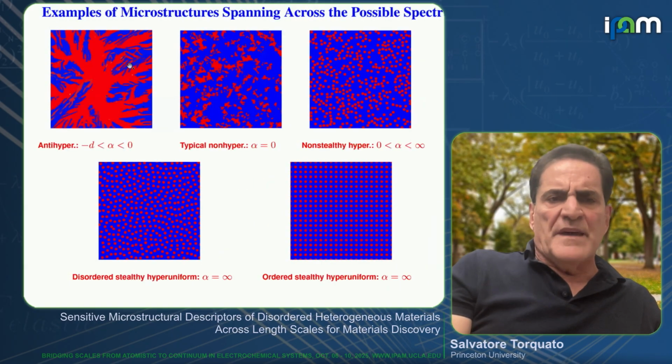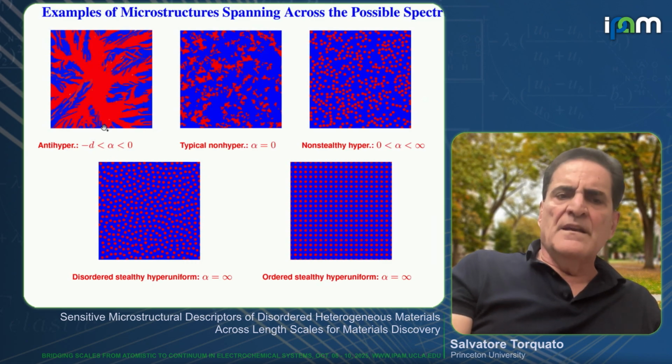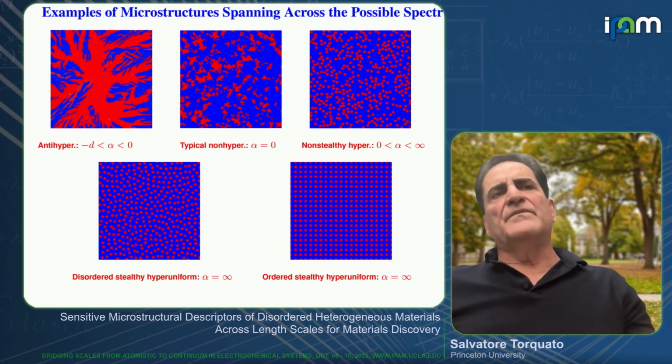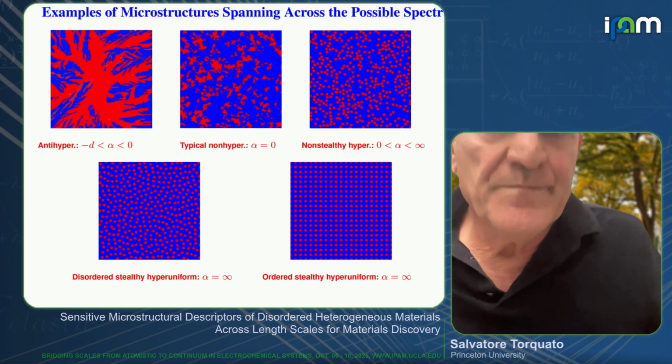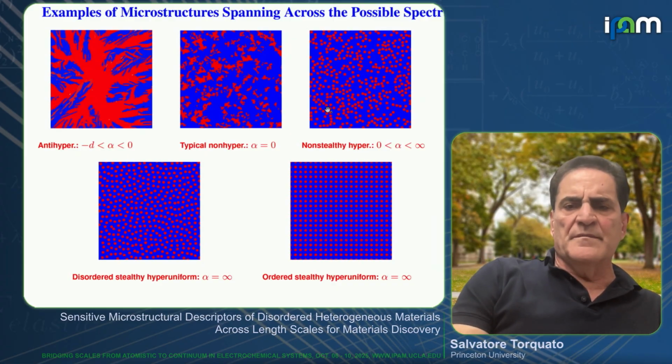Okay, now I'm showing you some actual structures that correspond to, for example, something that is anti-hyperuniform. And by the way, you can design systems with whatever type of hyperuniform or non-hyperuniform behavior you would like. This is a typical non-hyperuniform system.